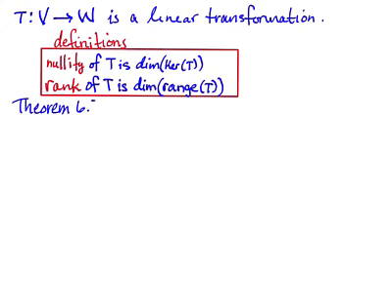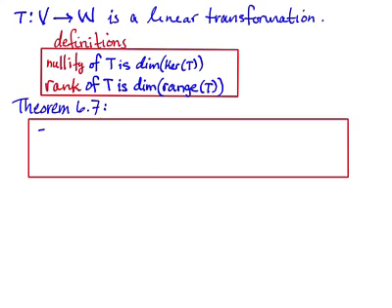So we have another theorem, 6.7, which gives us a way to check for onto.